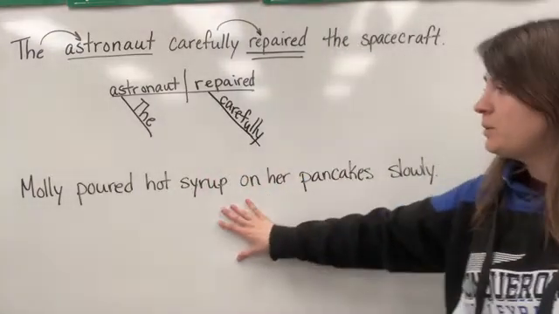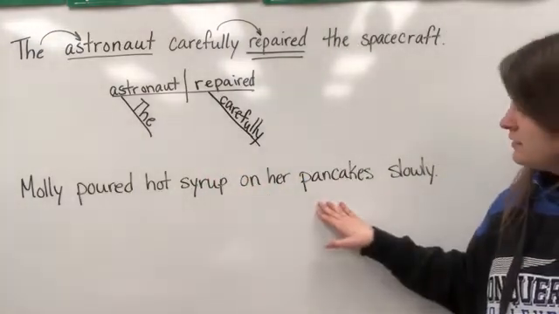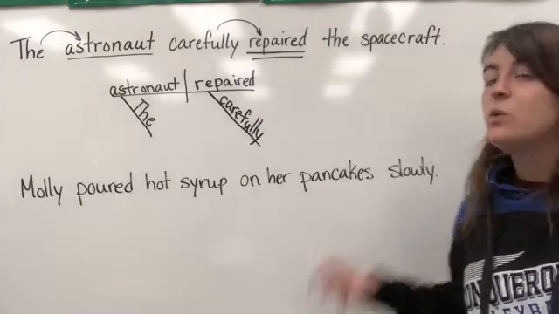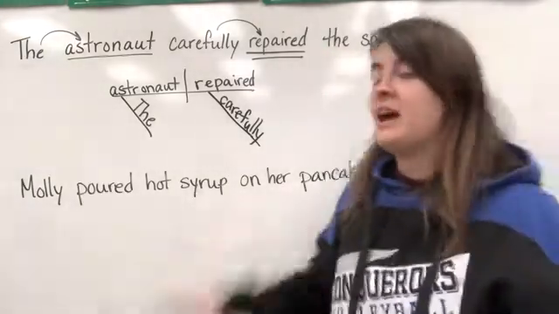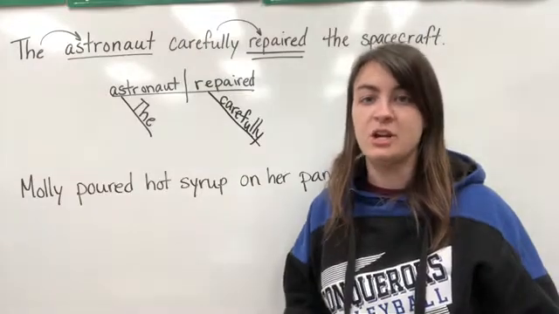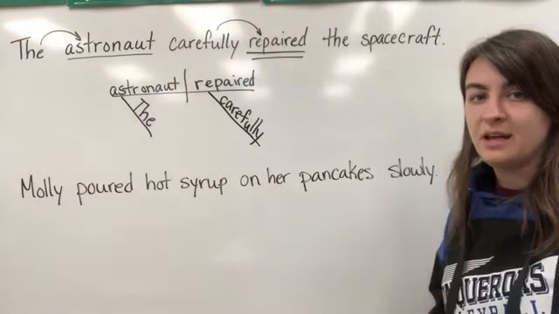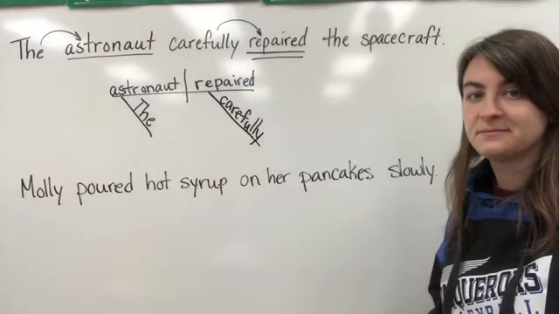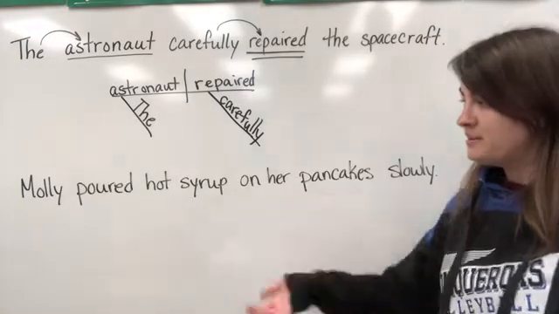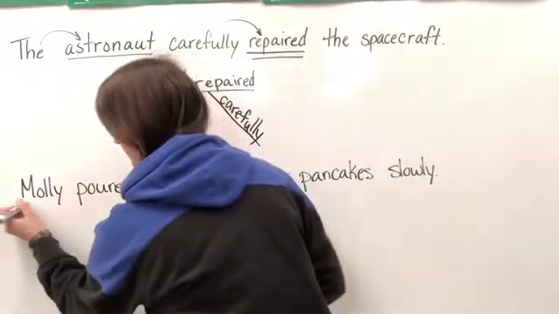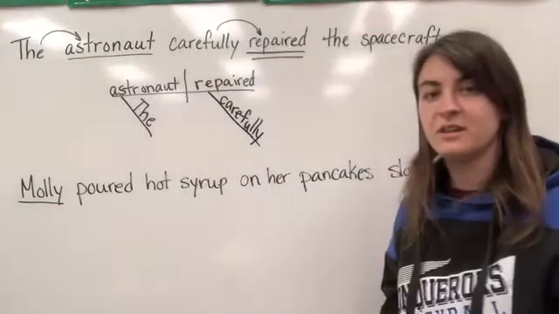We've got Molly poured hot syrup on her pancakes slowly. Once again, just like with the first sentence, we have to find our subject and verb first. So as you look at this sentence, what is the subject and verb of this sentence? That's right, the subject is Molly, so I'm going to underline that once very carefully. And what's the verb?